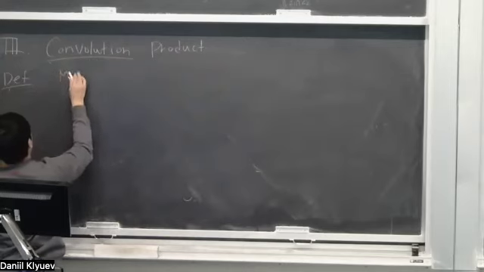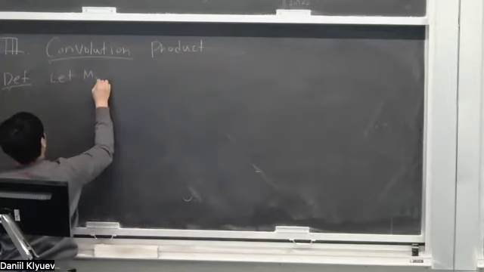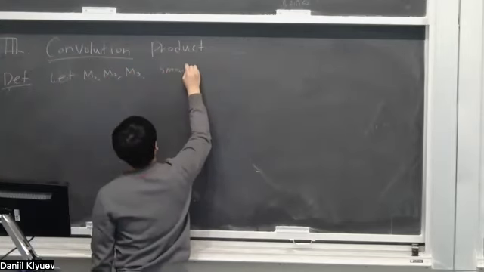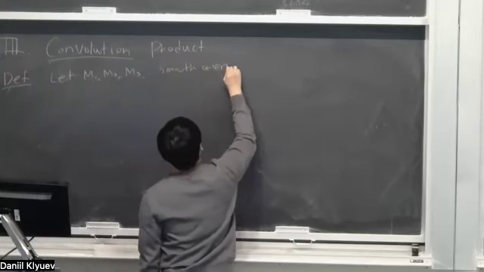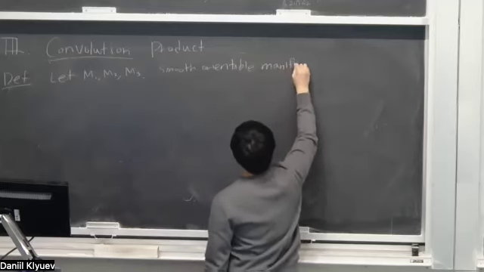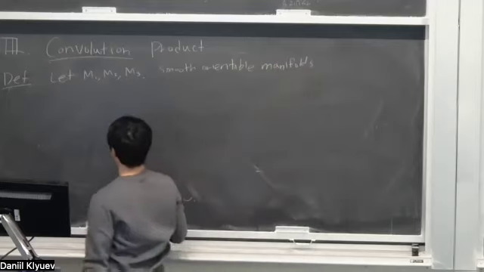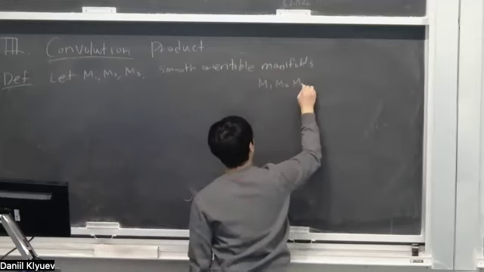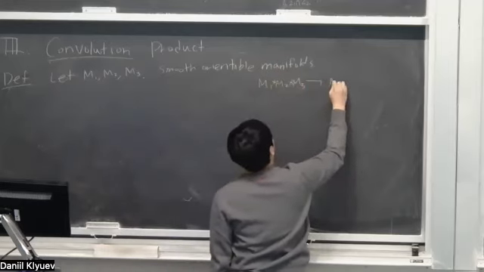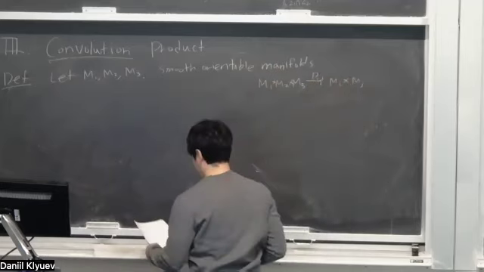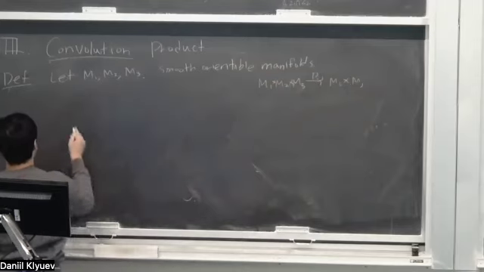Suppose we're given M1, M2, M3, which are smooth orientable manifolds, and we have these maps M_i times M_j, which we denote M_ij.